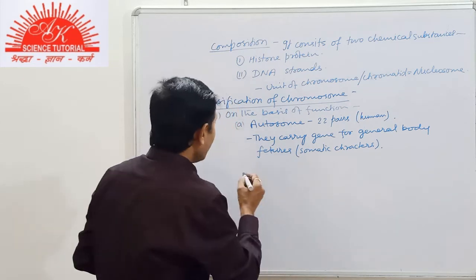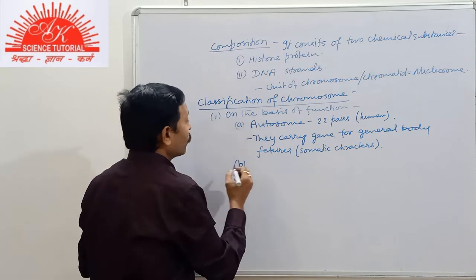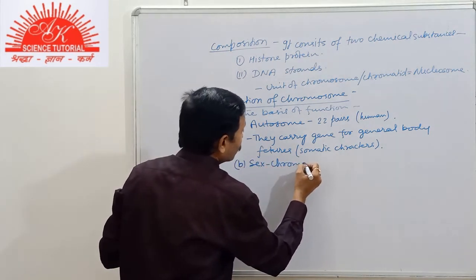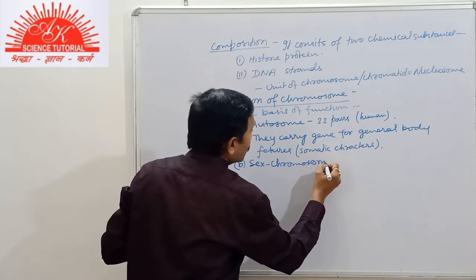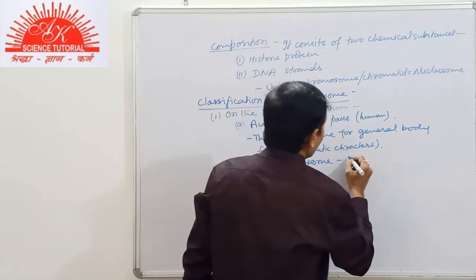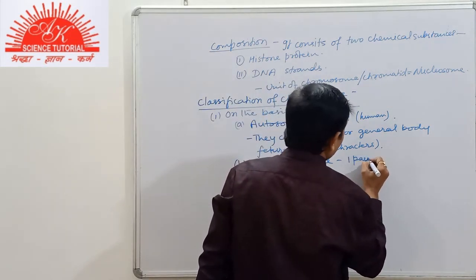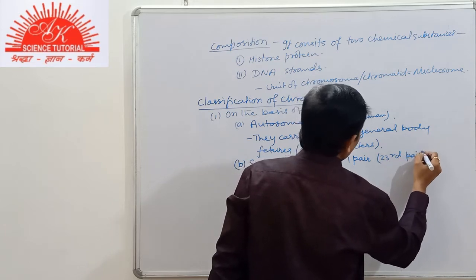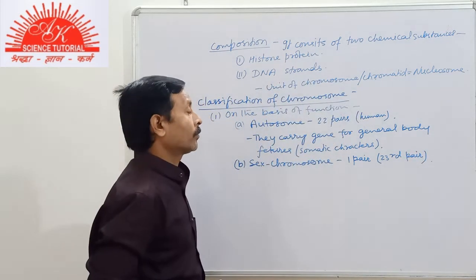But there is another one pair of chromosome called sex chromosome. Now the sex chromosome is one pair. We say 23rd pair, one pair.